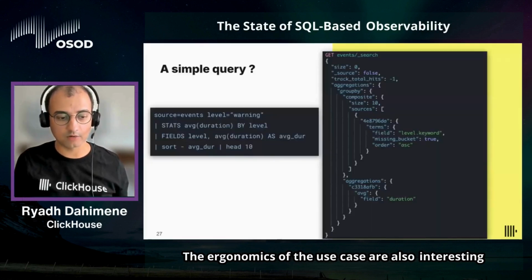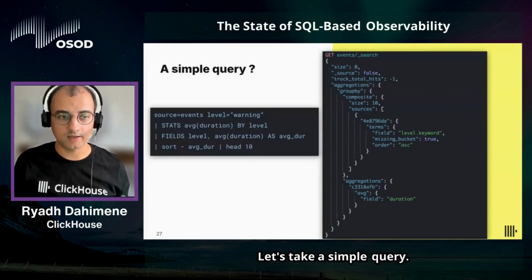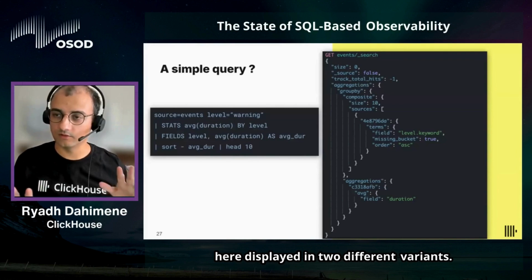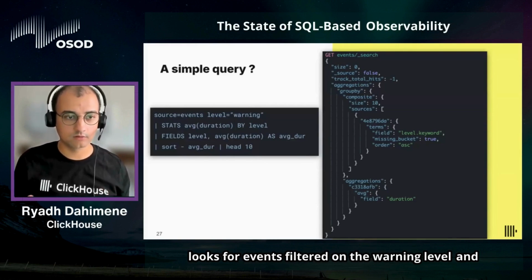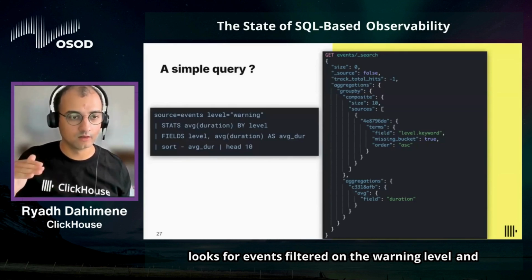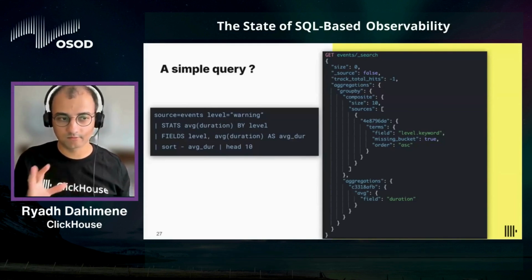And the ergonomics of the use case are also interesting to see. So let's take a simple query here displayed in two different variants. One is the Splunk version on the left, which basically looks for events filtered on the warning level and then grouped by with some related aggregations.